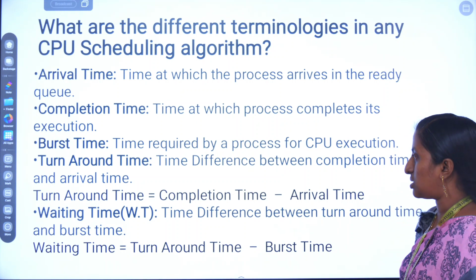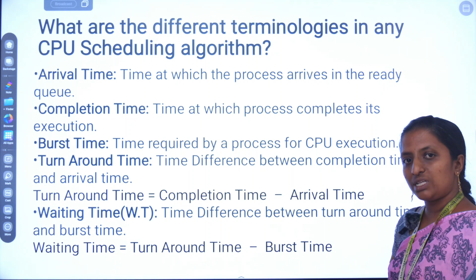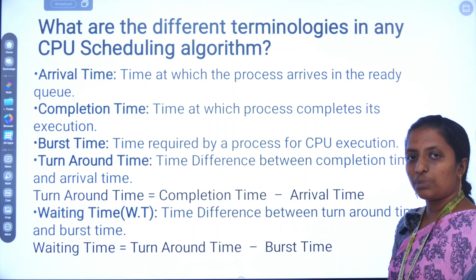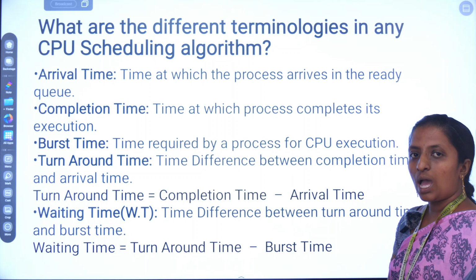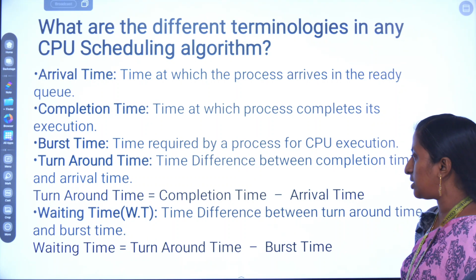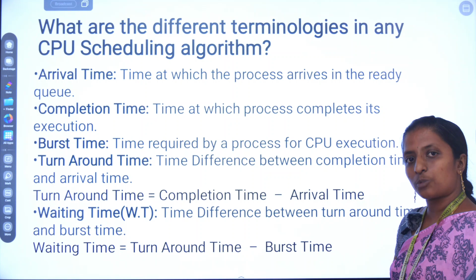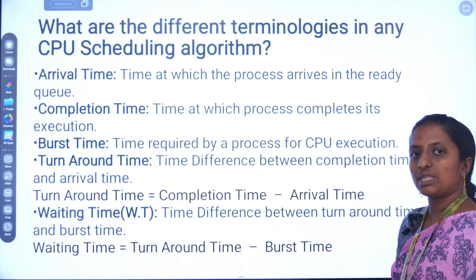Turnaround time is the difference between the completion time and the arrival time. Completion time is when a process finishes using the CPU and completes its job, and arrival time is when a process enters the queue. The difference between the completion time and arrival time is called the turnaround time.